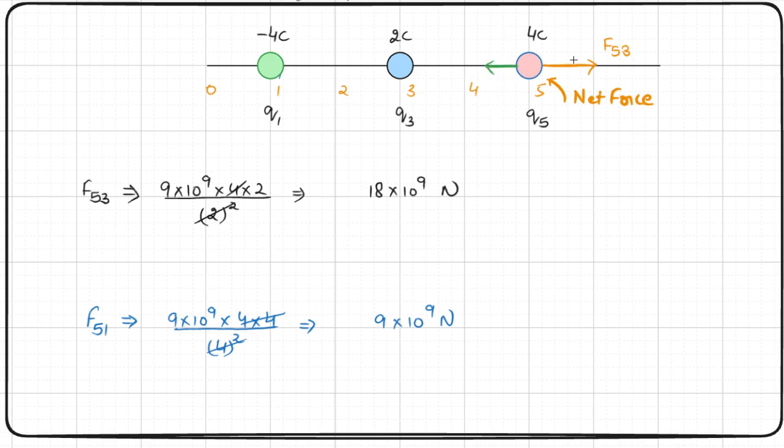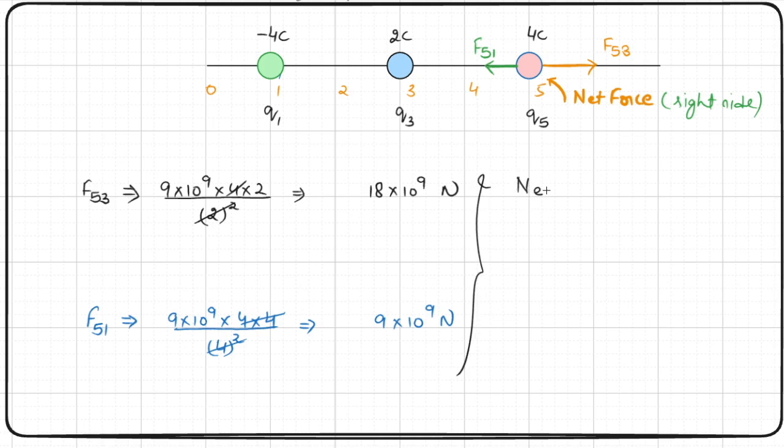Okay. So now I can say this is the force on 5 due to 1. Seeing this diagram, we can clearly say the net force will be on the right side. Can we calculate it? Yes, we have superposed them. We just need to calculate the net force now.